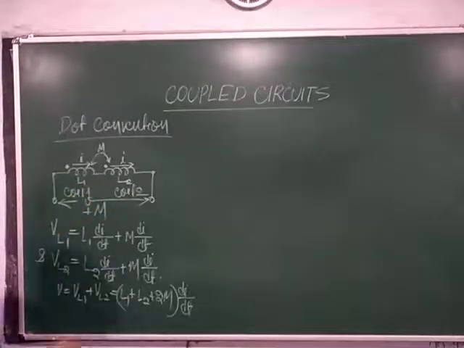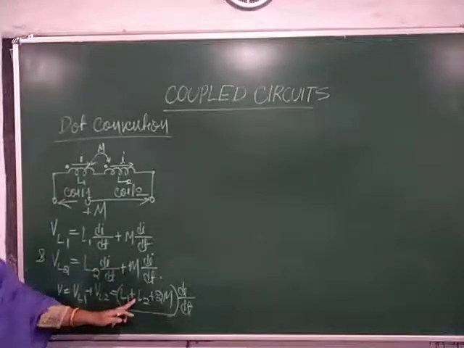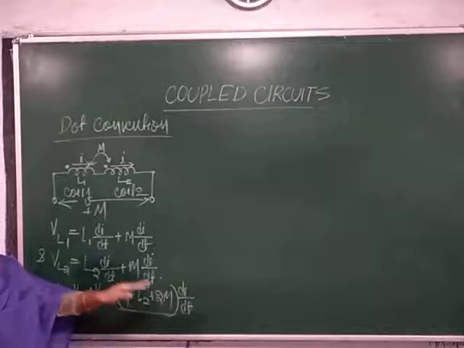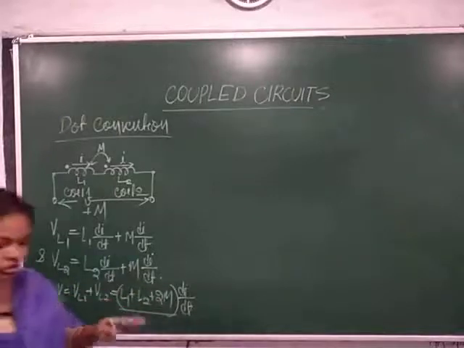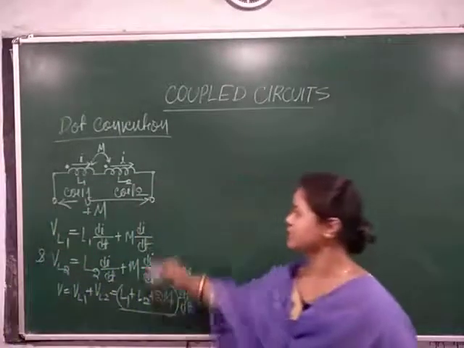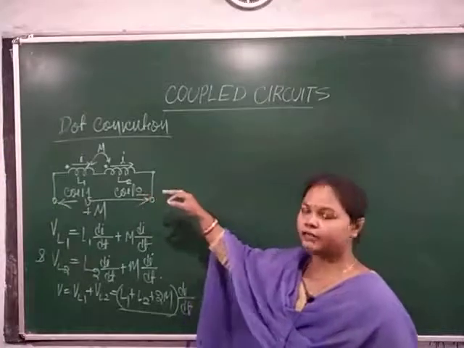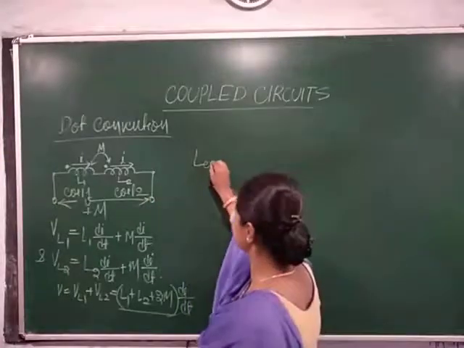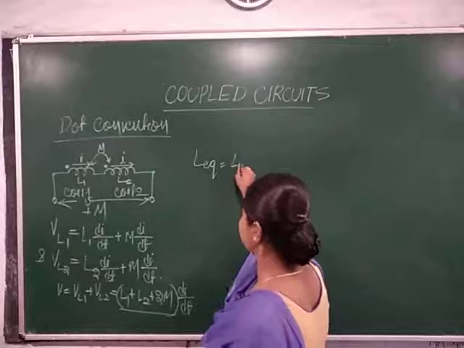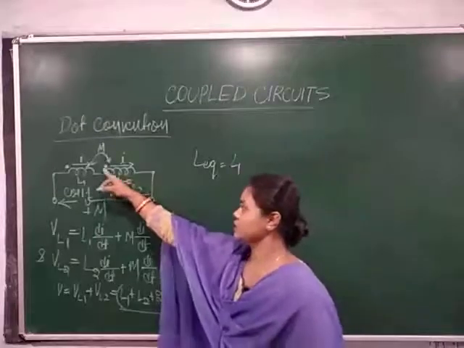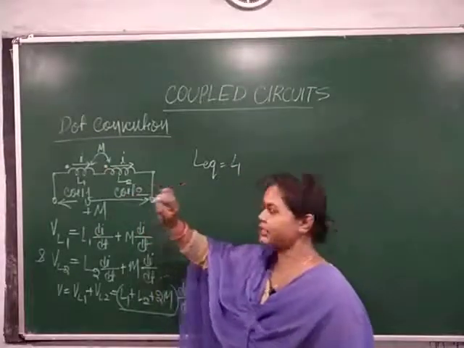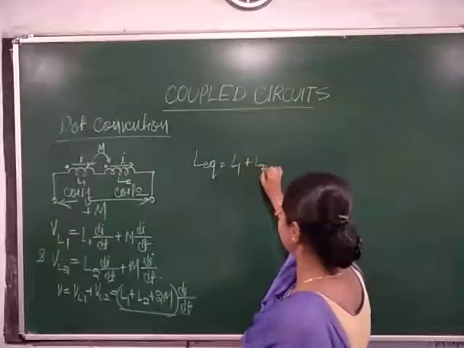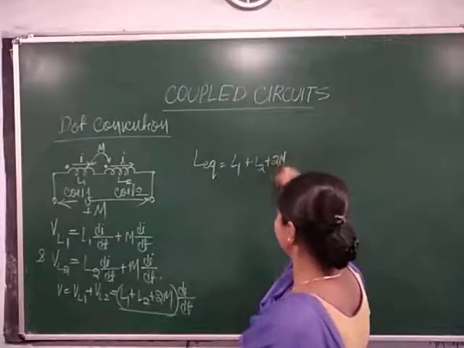So this expression L1 plus L2 plus 2M is the total inductance of this series conductively coupled circuit. Total inductance L equivalent, if the mutual inductance is positive, is L1 plus L2 plus 2M.